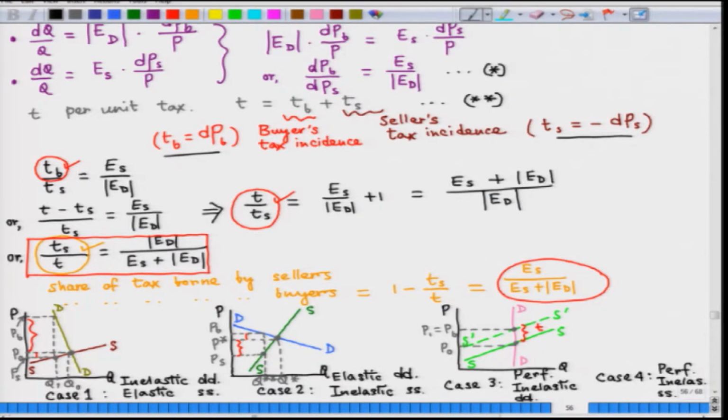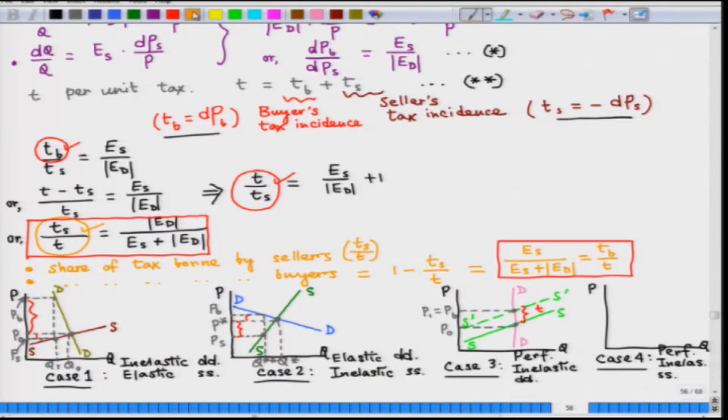Okay. So, now let us look at the case where the elasticity of supply is 0, that leads to an inelastic supply curve. So, in this case, if the government imposes unit tax, how is that going to impact the consumers and producers? So, let us revisit the diagram.